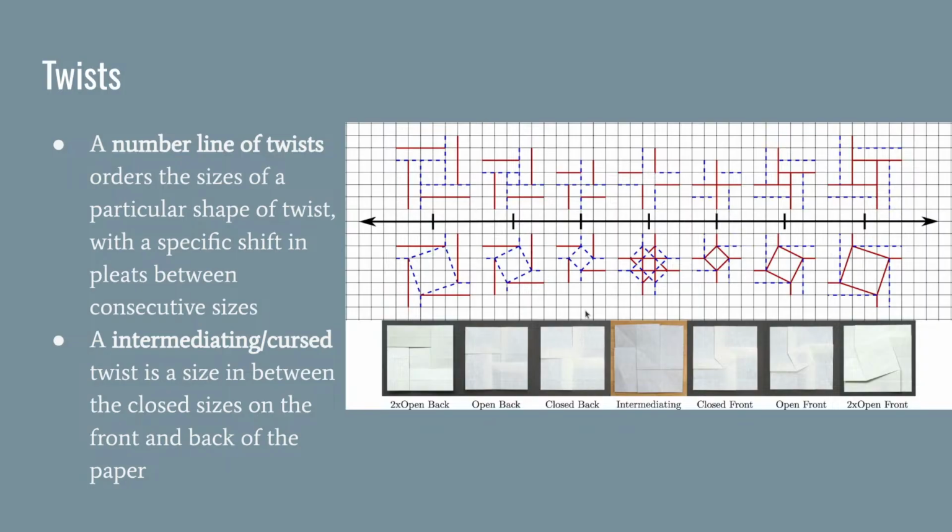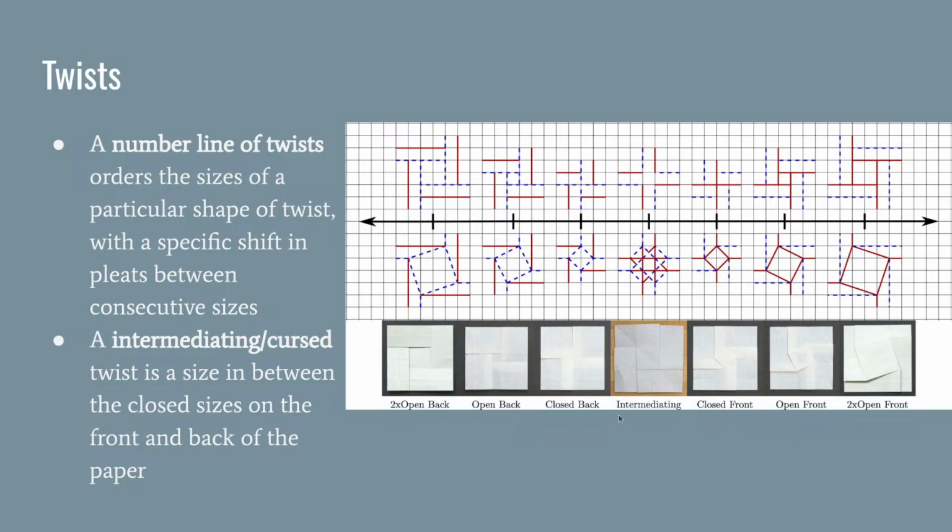And then the number line of twists. This is a discovery that I made. I organize it this way because there is a specific shift in the pleats between consecutive sizes. And this is the connection between, say, the closed square twist on the front and the closed square twist on the back.